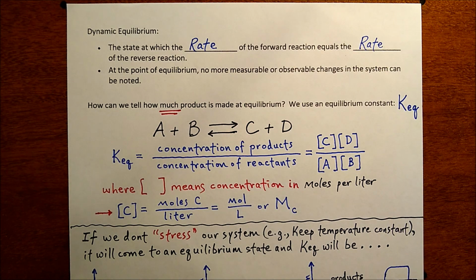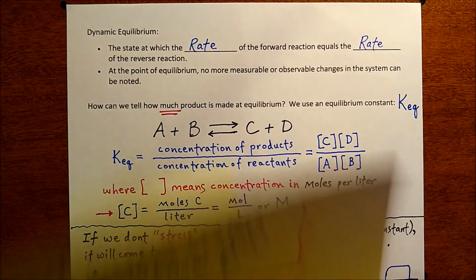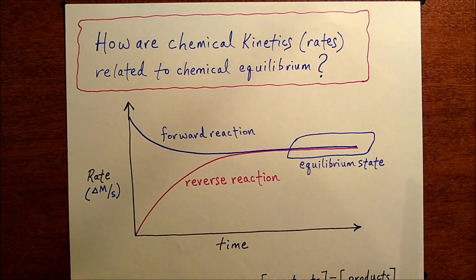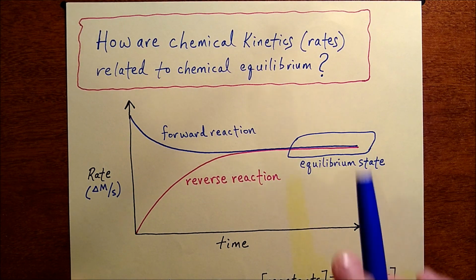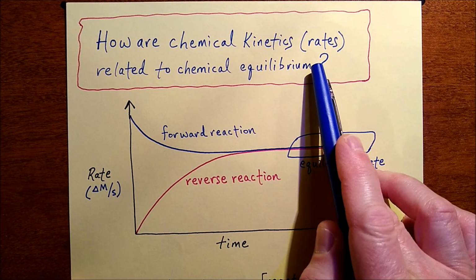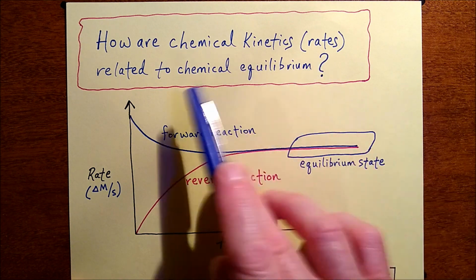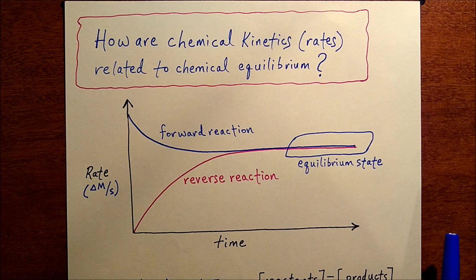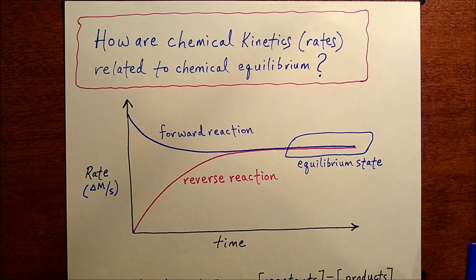So one way to graphically represent that is to show you that we can illustrate that with this diagram here. How are kinetics, which are the rates of reaction, related to equilibrium? Remember when we talked about kinetics, all we were really concerned about was how fast does a reaction occur from reactants to products.